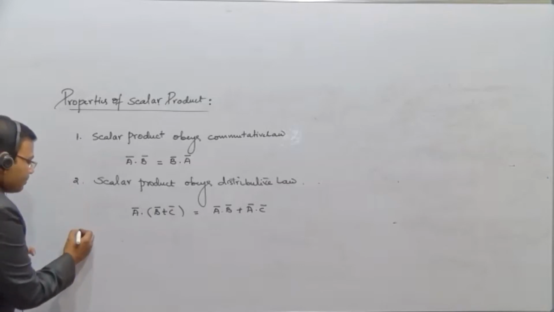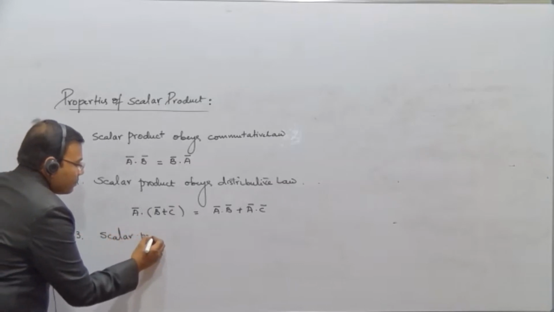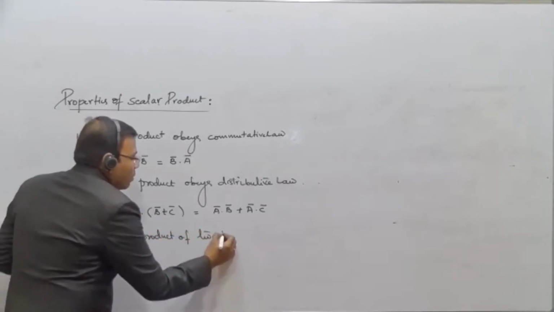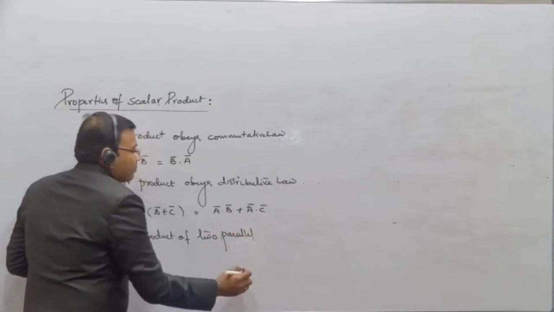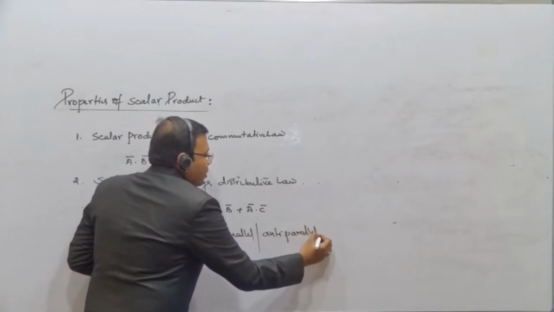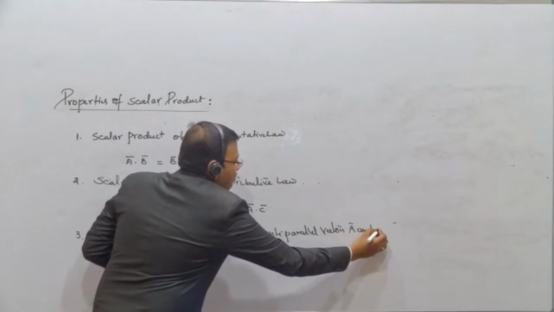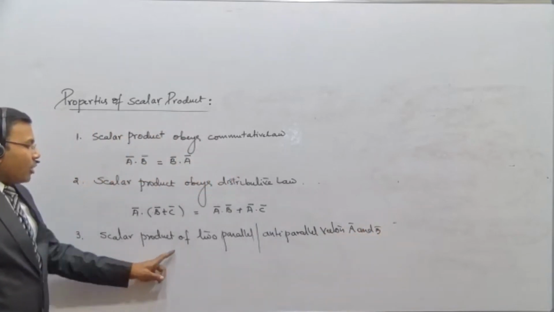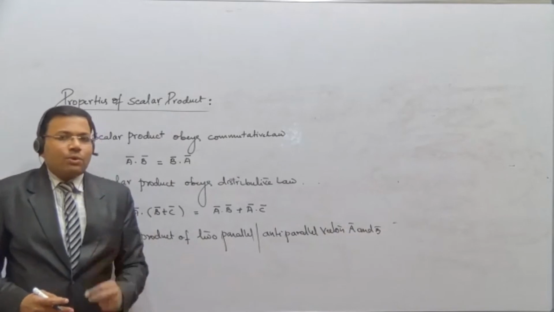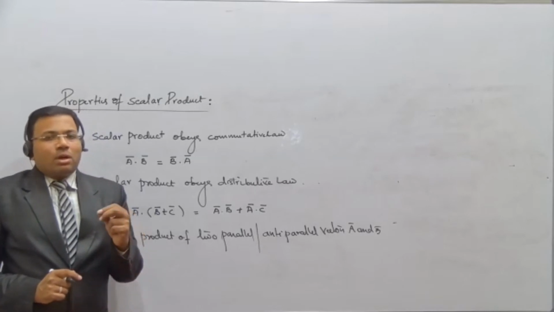The next one: scalar product of 2 parallel or anti-parallel vectors A bar and B bar. Parallel means we should consider the angle 0. Anti-parallel means we should consider 180 degrees.